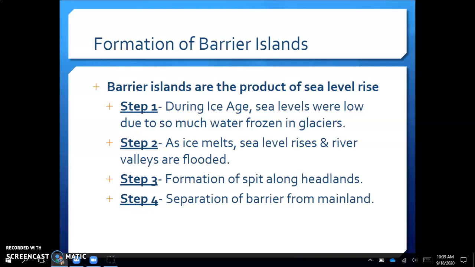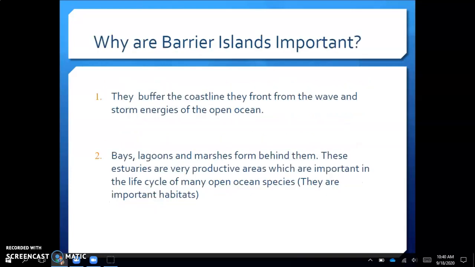Basically what that means is that there were just deposits of sand that accumulated around the coasts of the continents. And then eventually what you got was the separation of a barrier from the mainland. So over time, that sand would be pushed out and you would get what we know as modern day barrier islands with the lagoon in between the shore and the islands itself.